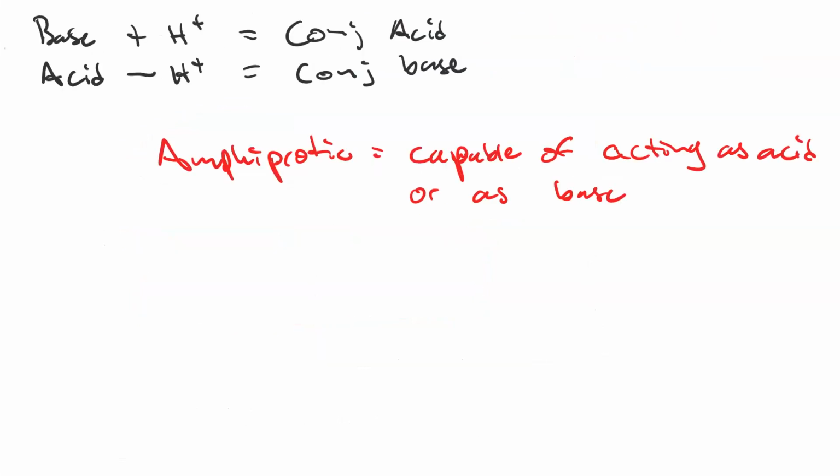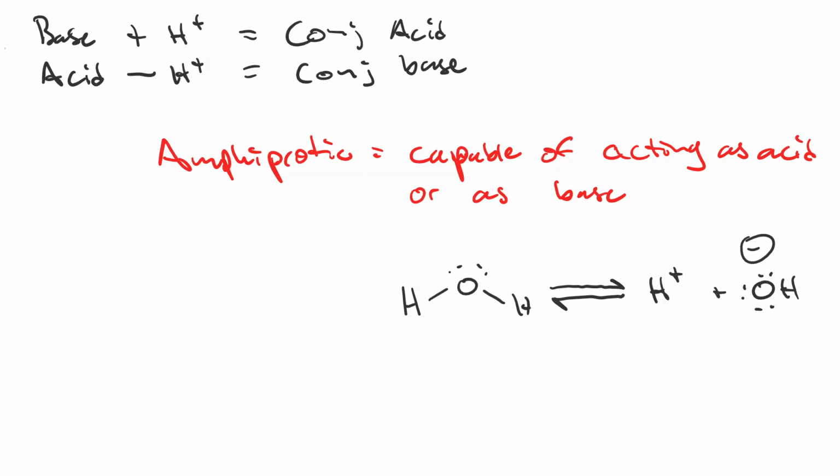Then there are some substances that are amphoteric. That means they're capable of acting as both an acid and a base. Water is an example. So for instance, I can take away a proton from water to give H plus and OH minus. That's water acting as an acid. And that means hydroxide is the conjugate base of water.